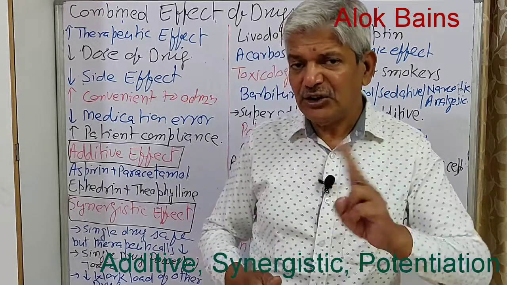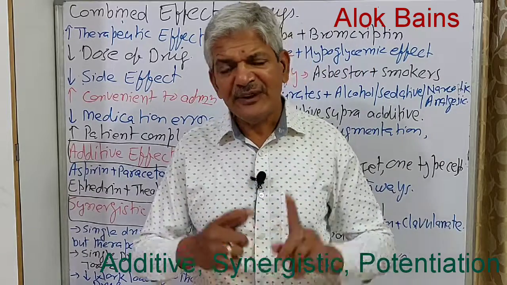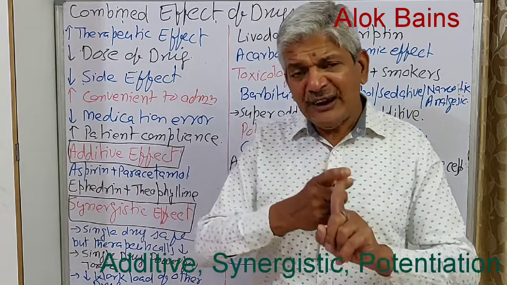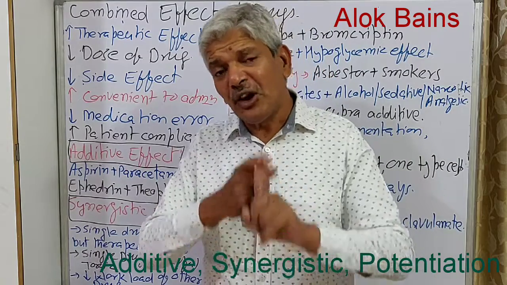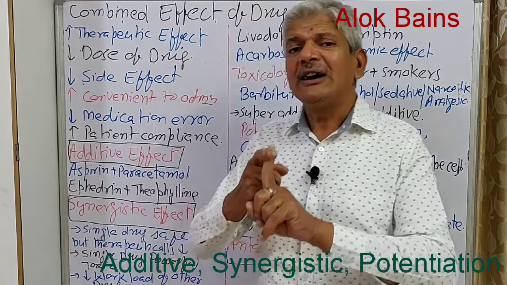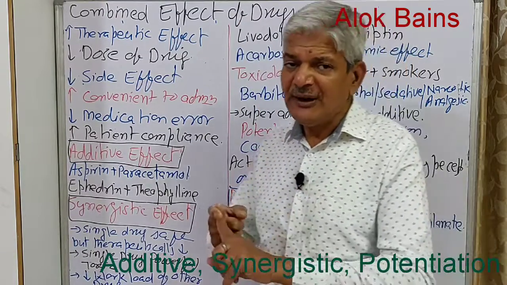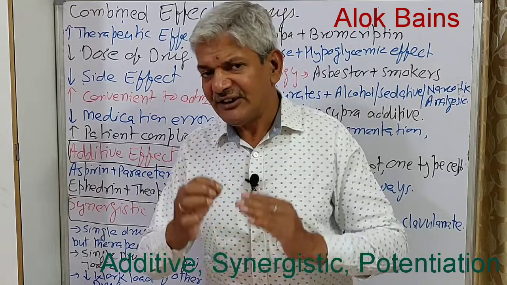I am repeating, there are two definitions of the synergistic effect. Number one is when the combined effect of the drugs is more than the sum of the individual drug effects, then it is called the synergistic effect.